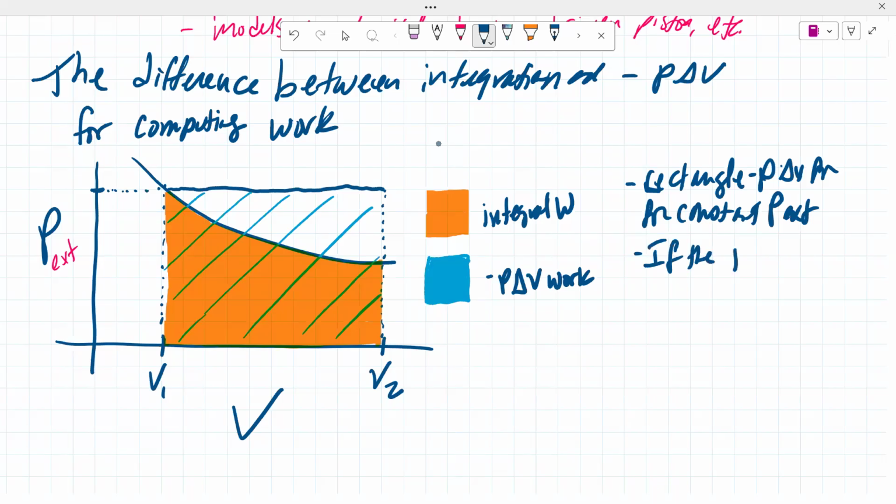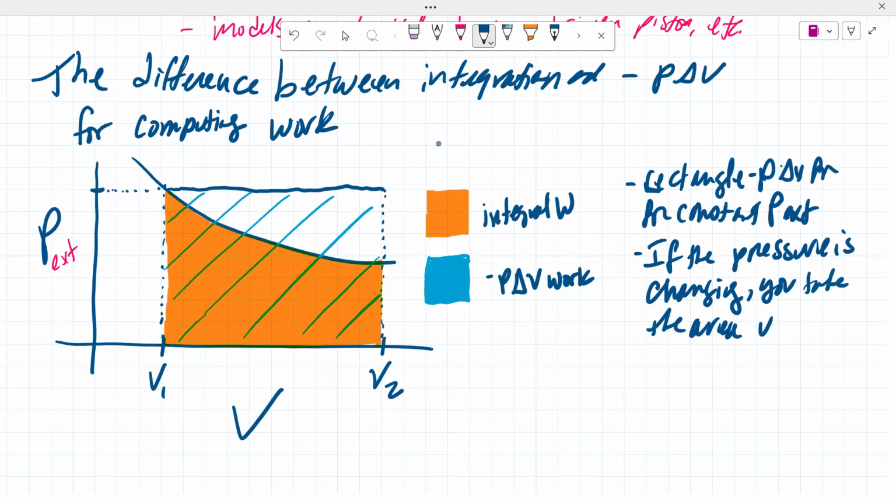If the pressure is changing, you take the area under the isotherm curve using the integral.